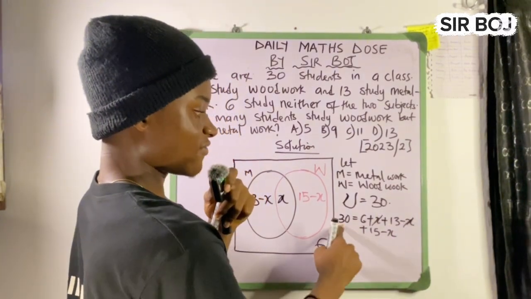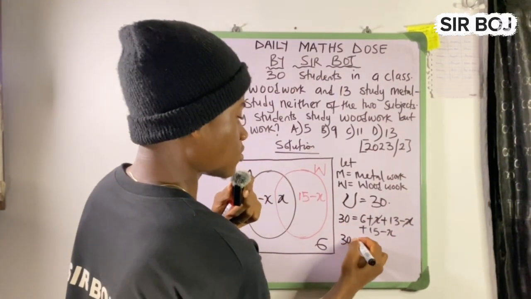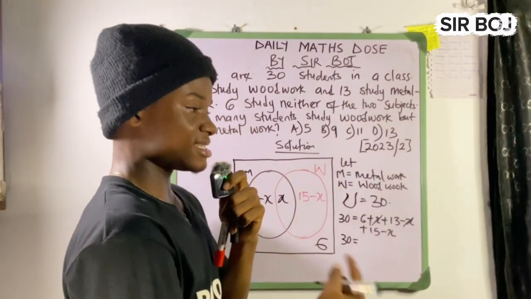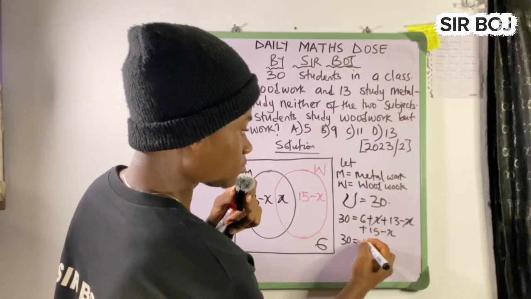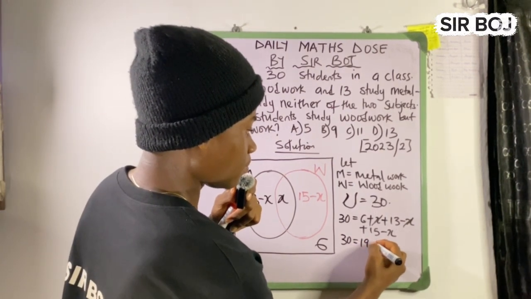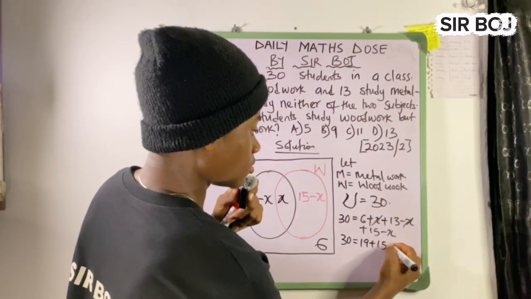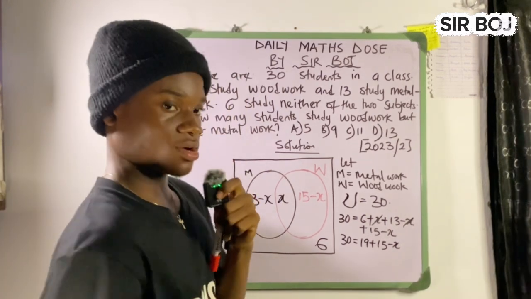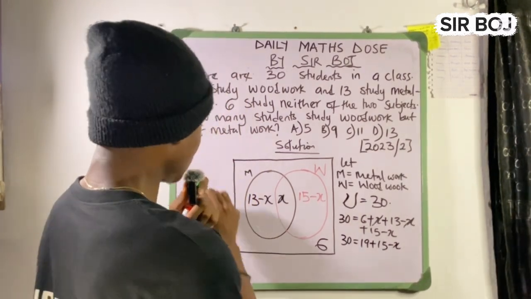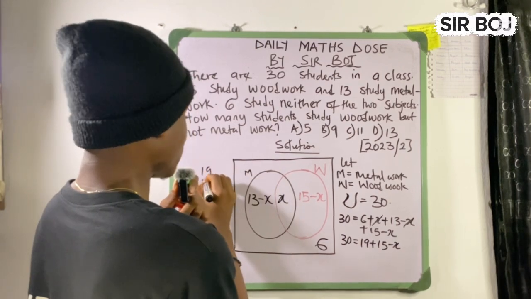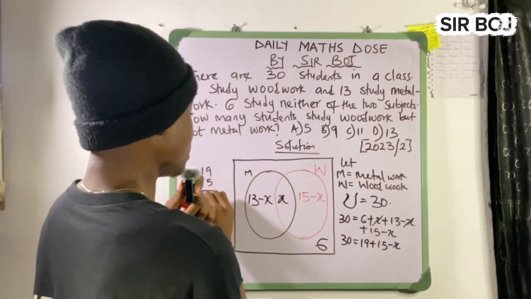So we have 30 is equal to 6 plus 13, which is 19, plus 15 minus X. 19 plus 15 is 34.